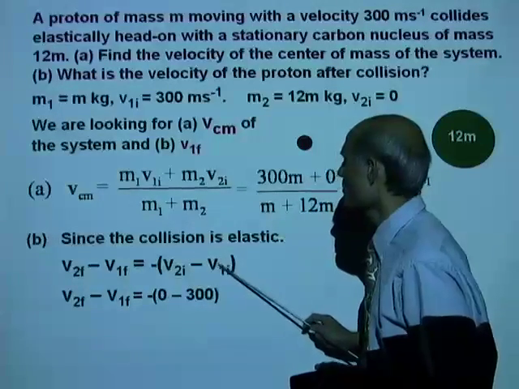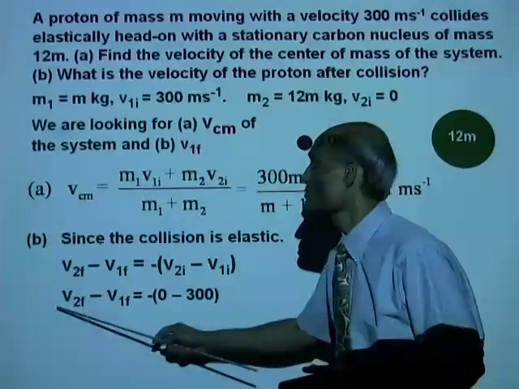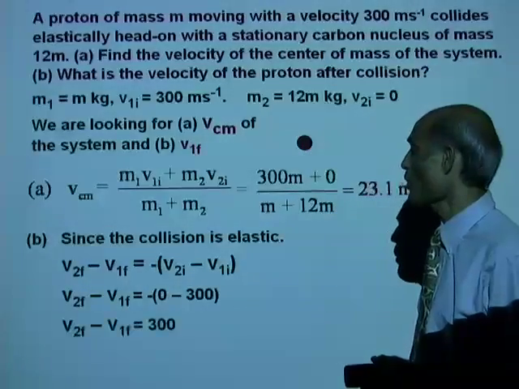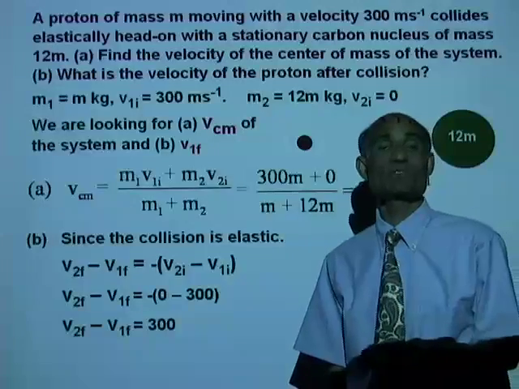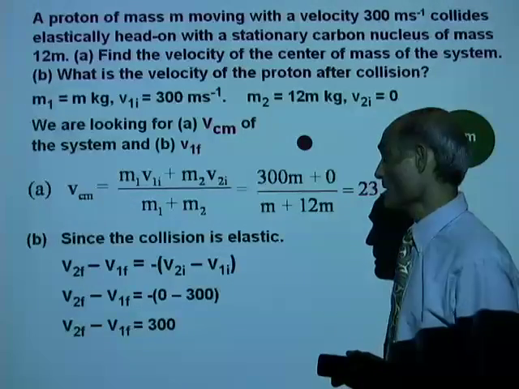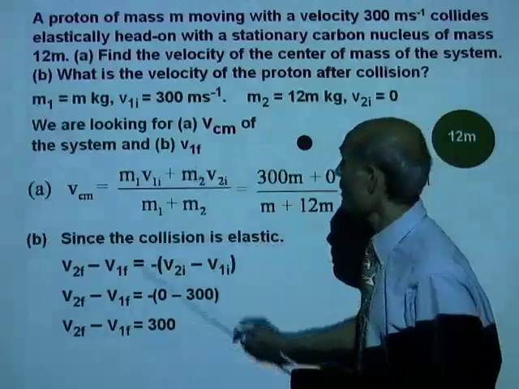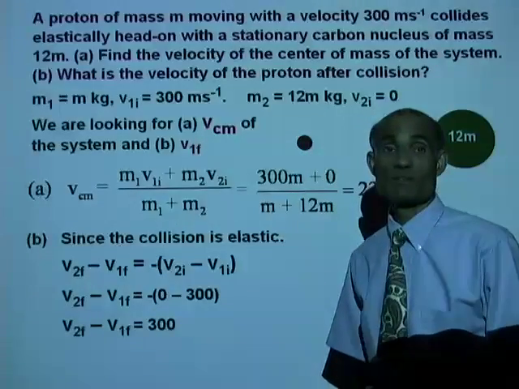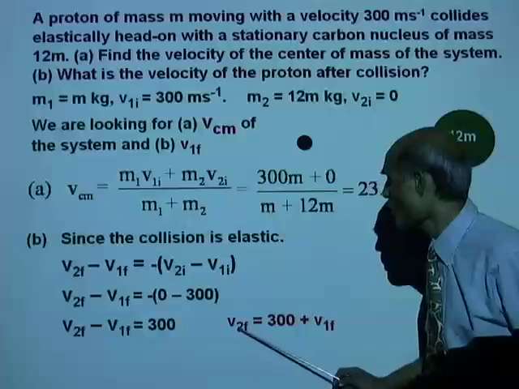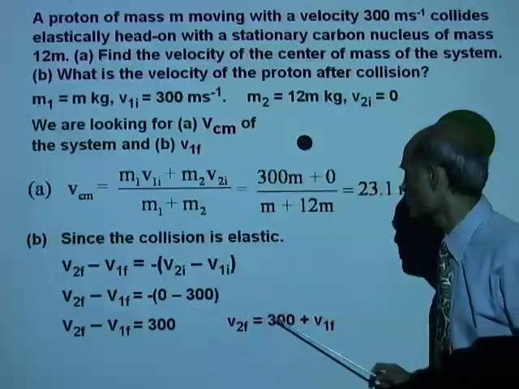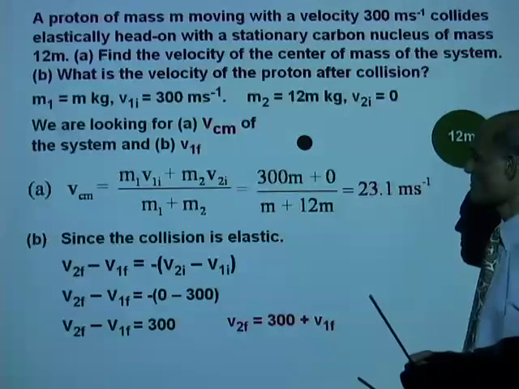V2I is 0, V1I is 300. So we got an equation: V2F minus V1F equal to 300. Well, can you find the value of V1F from there? No. We're going to say, therefore, V2F equal to 300 plus V1F.